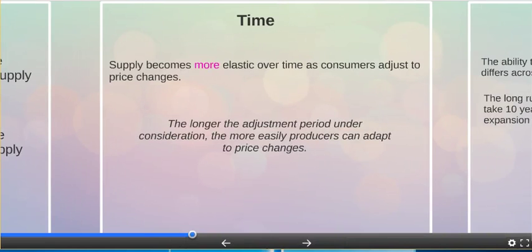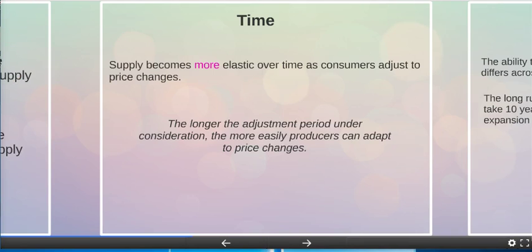Time is one of the determinants of elasticity. Just as demand becomes more elastic over time as consumers adjust to price changes, supply also becomes more elastic over time as producers adjust to price changes.